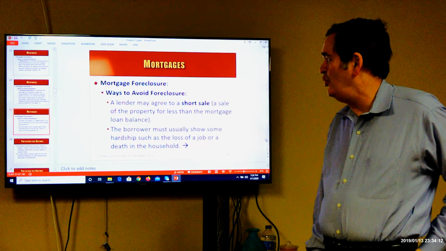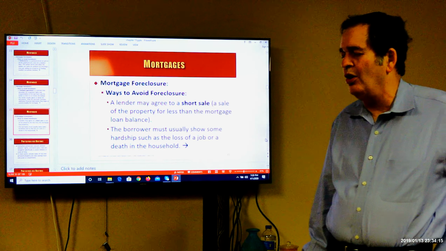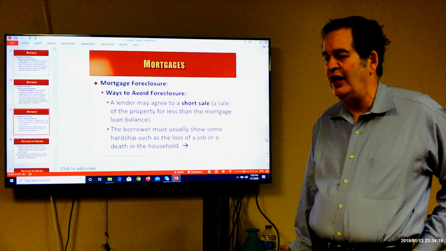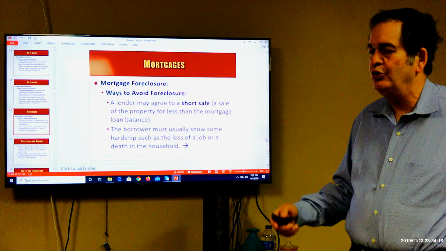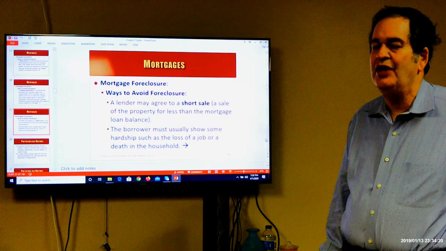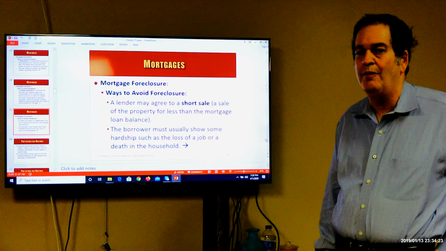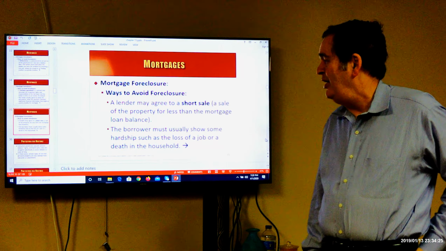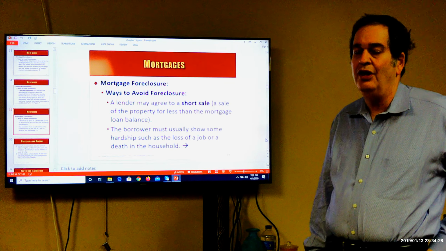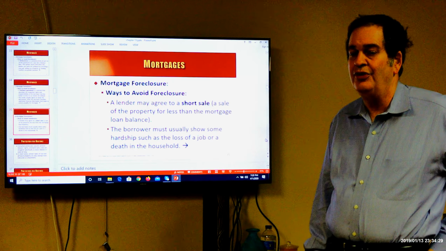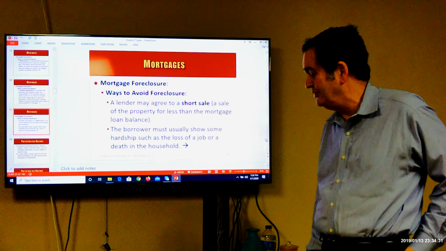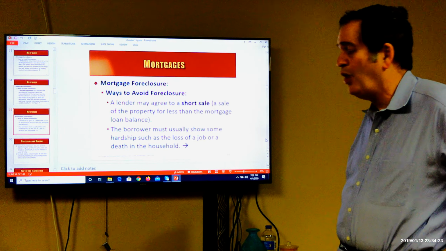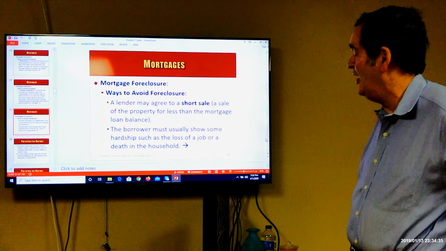Okay, in that situation, the borrower can approach the lender and say, can we do a short sale, which basically means that they will voluntarily convey the property to the bank in exchange for the bank nullifying the debt. So the property stands basically for the debt.